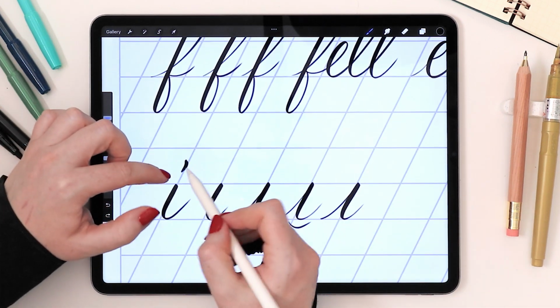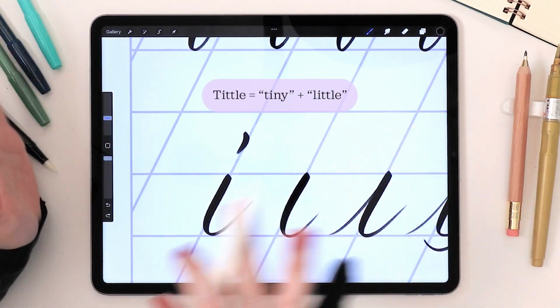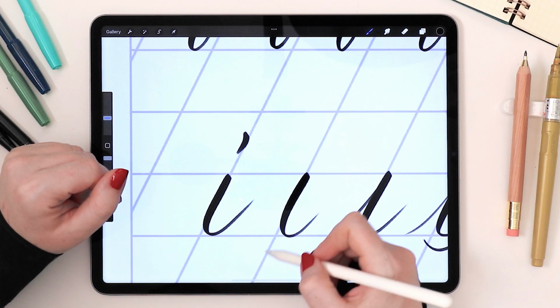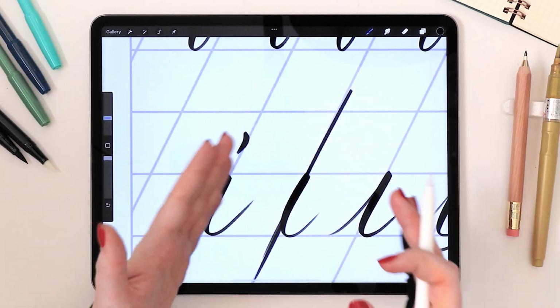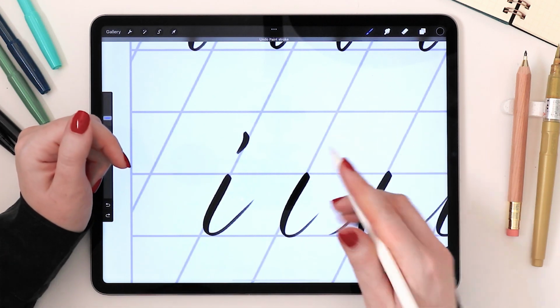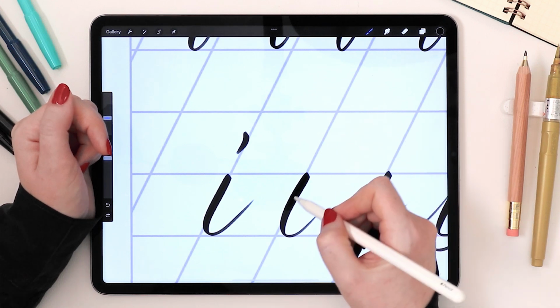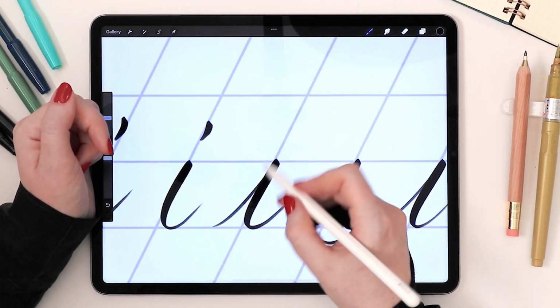Now, for making the dot of the I, which is called a tittle, which many people think comes from the words tiny and little combined, you just want to make sure that that tittle falls along the axis of whatever the downstroke angle is of your I. So in this case, whether you have a grid or not, you can just sort of imagine coming up from this axis and placing the tittle right there.